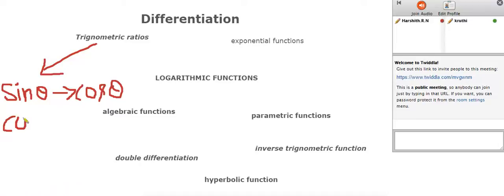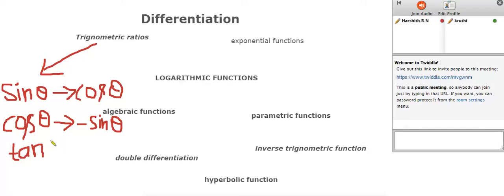Very good. Okay, what is the differentiated value of tan theta? Secant square theta. Okay, secant.